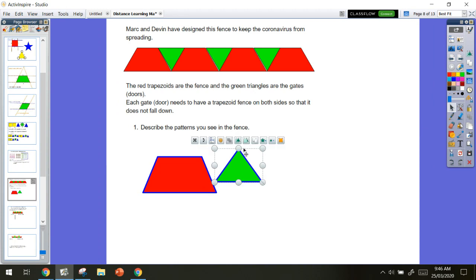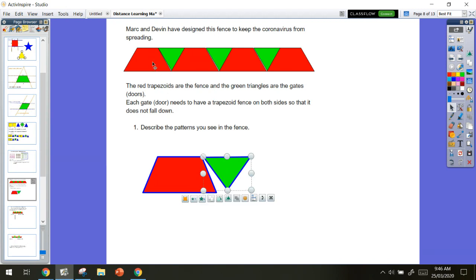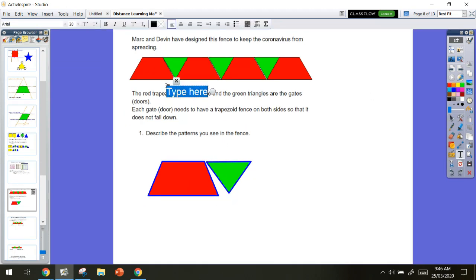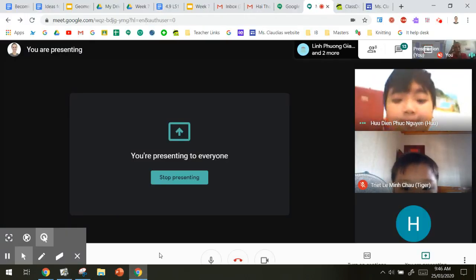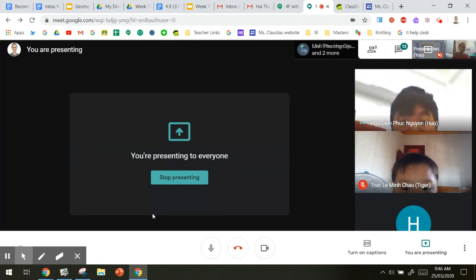Do you agree with me that the pattern is red trapezoid, green triangle? Does it repeat? Yeah, it repeats. That's the red trapezoid and the green triangle.